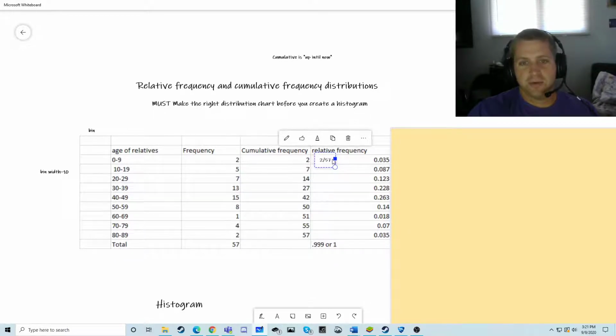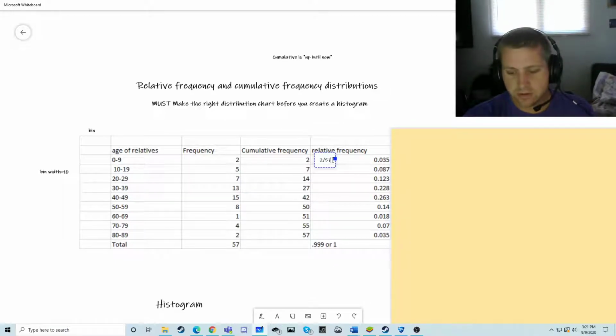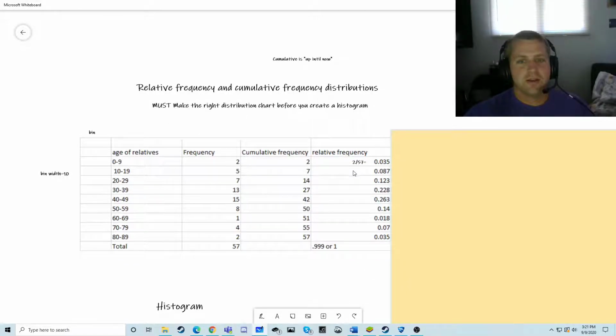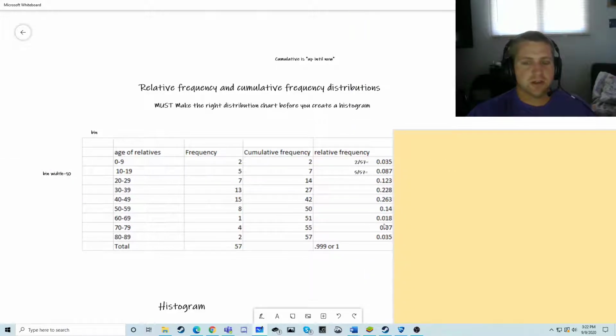And that equals, if I can find an equal sign, that equals that number. And then 5 out of 57 goes here. 5 out of 57 equals goes here. And you can keep going down the line and you keep getting those numbers that I typed in here.